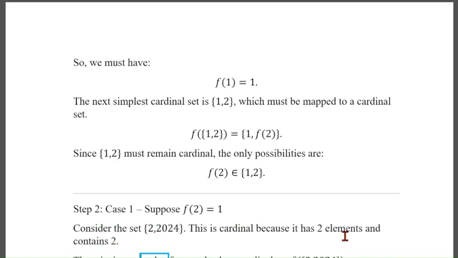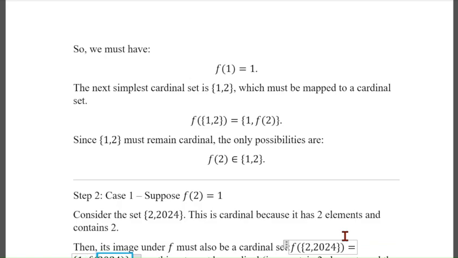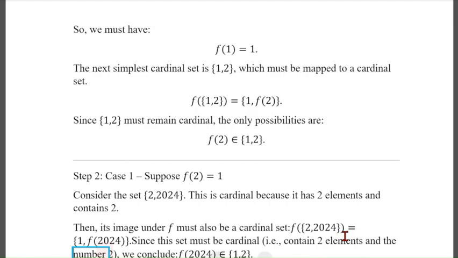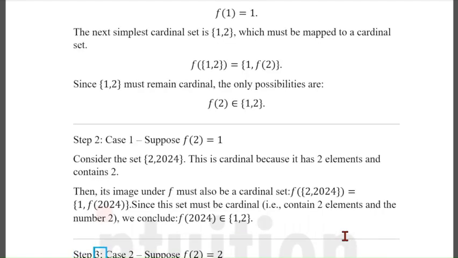Then its image under f must also be a cardinal set. f({2, 2024}) = {1, f(2024)}. Since this set must be cardinal, i.e. contain 2 elements and the number 2, we conclude f(2024) is an element of {1, 2}.